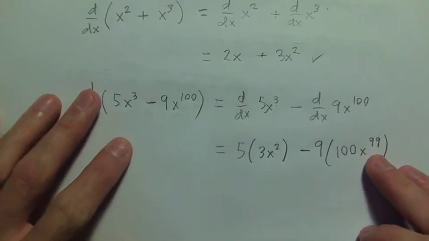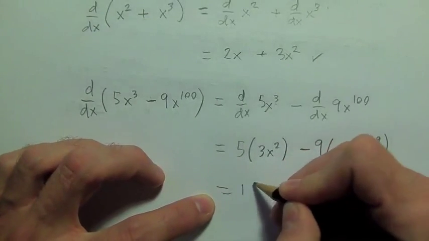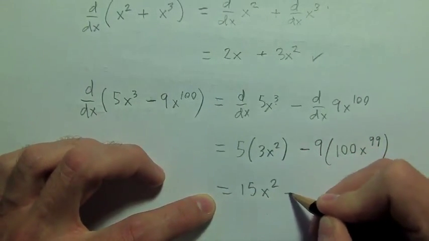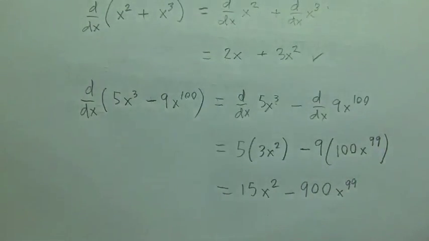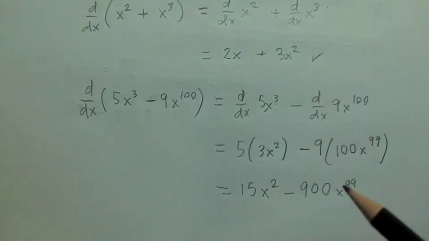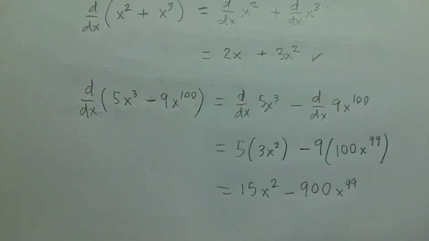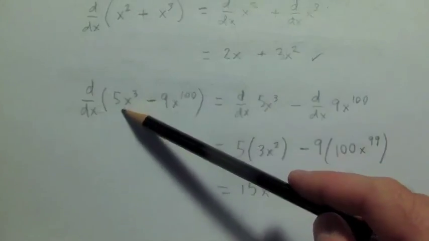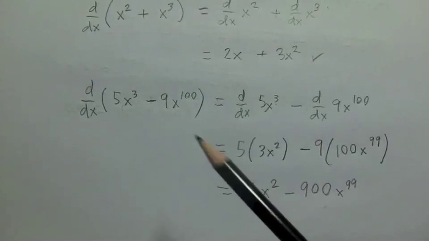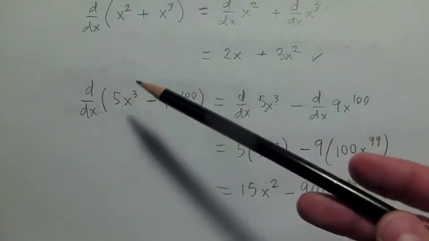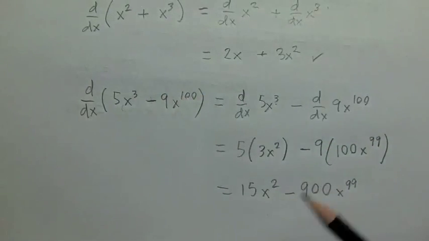So this actually ends up being 15x squared minus 900x to the 99th. Most people, when they see this, will jump straight to this. I'm just showing every little rule I can here. I didn't write every single step, but I wrote most of them. Once you get more familiar, you can jump straight to here.